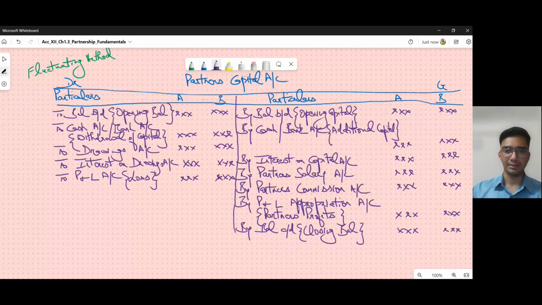All right, and the last item, we are going to be left with a balance, suppose on the debit side, which is going to be a closing balance, and this will be a credit balance. So here I'm going to write to balance carried down, closing balance.